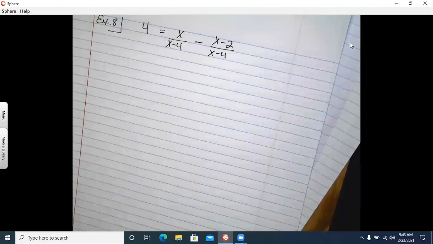Well, can it be factored? Nope. So then you can just go ahead and determine your LCD.